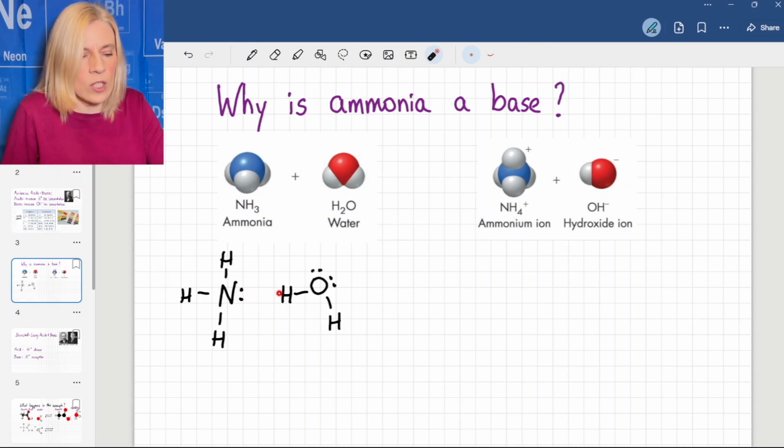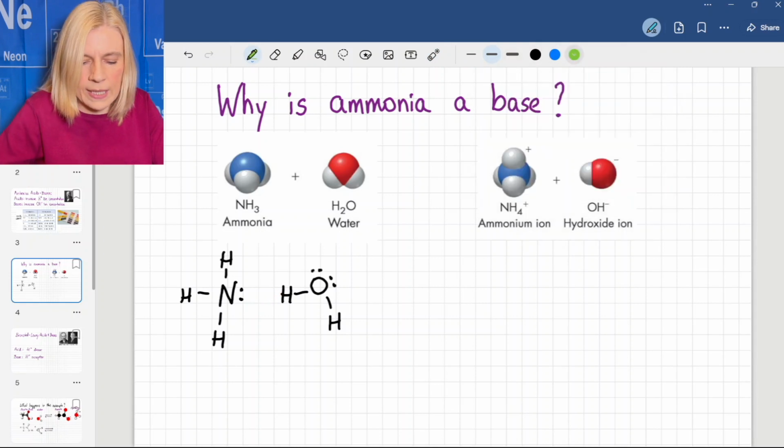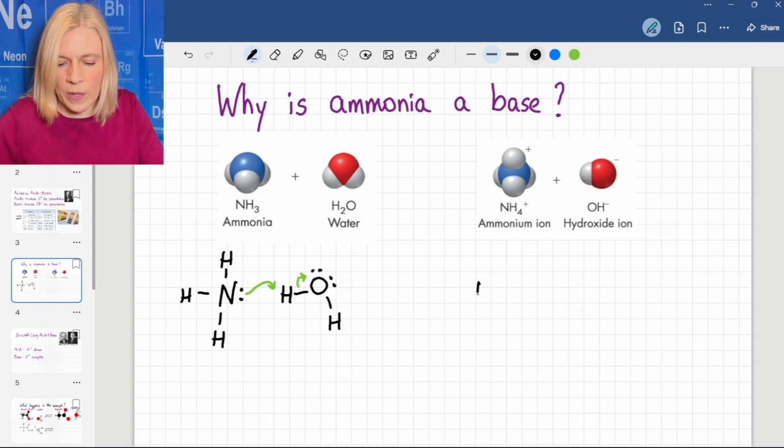And sometimes if this water molecule gets a little bit closer, what will happen is these electrons will actually attack this proton, and then these electrons will go back to the oxygen. So what we're going to have is the ammonium ion made.